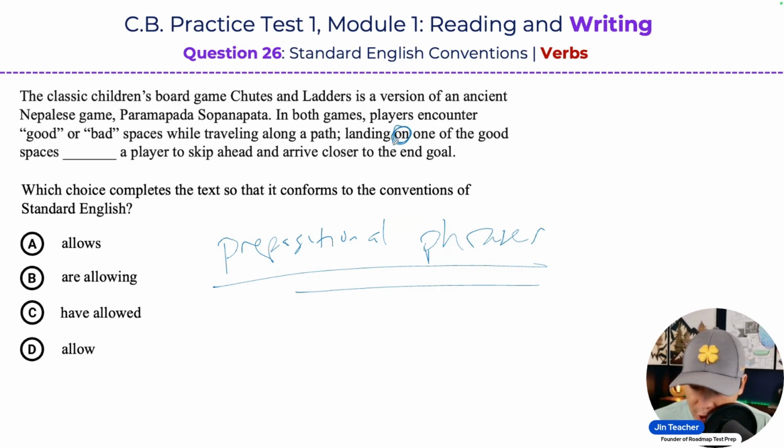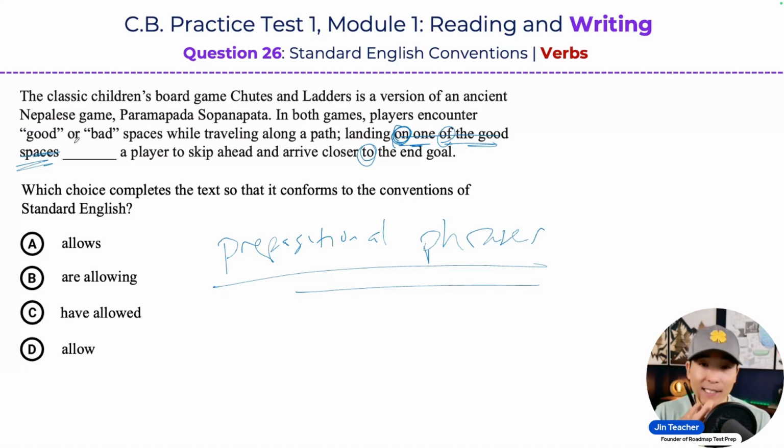Prepositions are words like on or of, words like to. These are prepositions. Prepositions will always be paired with nouns. So "on one of the good spaces" is your prepositional phrase. Prepositional phrases begin with the preposition and end with the noun.